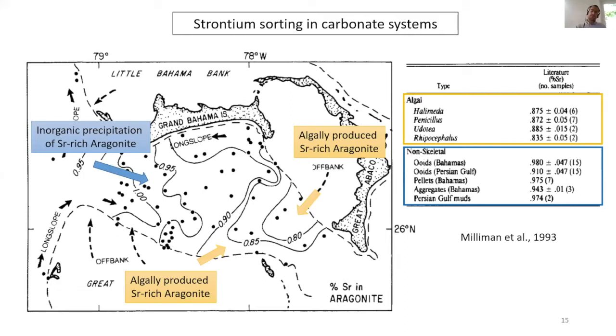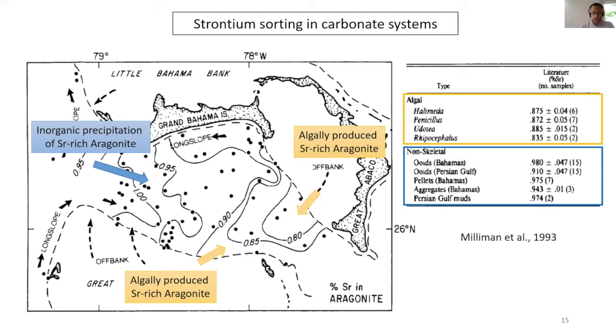He interpreted these discrepancies in terms of different inputs, saying that non-skeletal grains are preferentially coming from the western part and are richer in strontium, while the algal derived strontium is coming from the Little Bahama Bank Lagoon and the Great Bahama Bank Lagoon. So this could create this discrepancy.